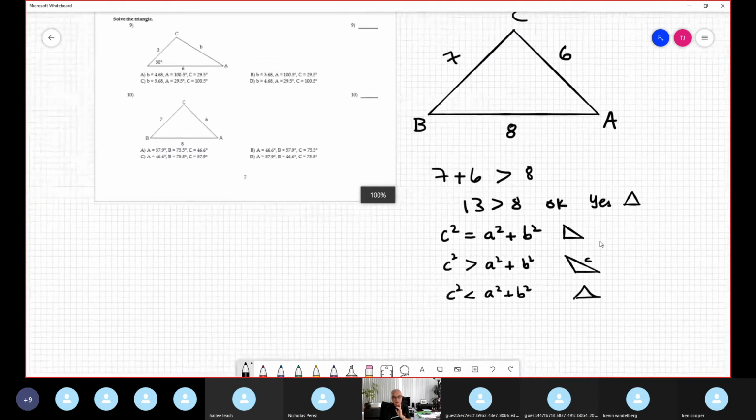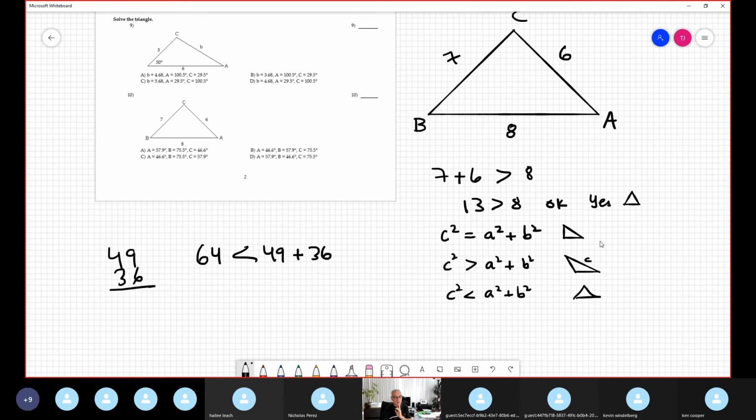You take the bigger side squared, 64, and compare it with 49 plus 36, which is 85. It's obvious, because 64 is smaller, that it is acute. But this is extra credit.